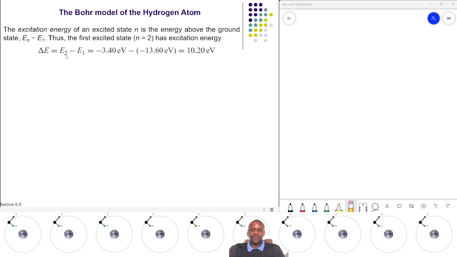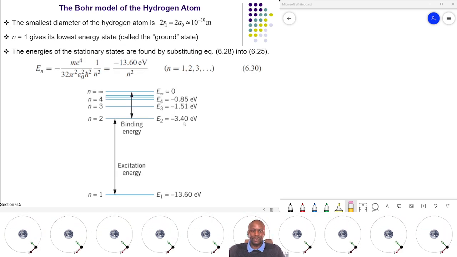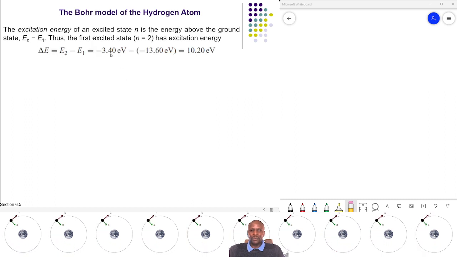We know what E2 is for the hydrogen atom. If you go back, E2 is this value, and then E1 is given by this value.